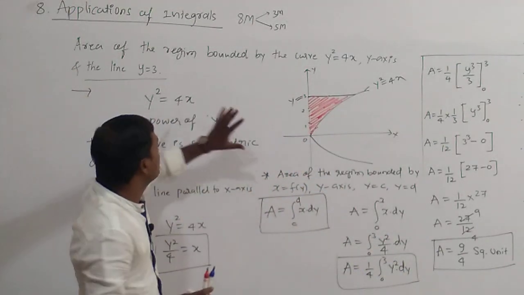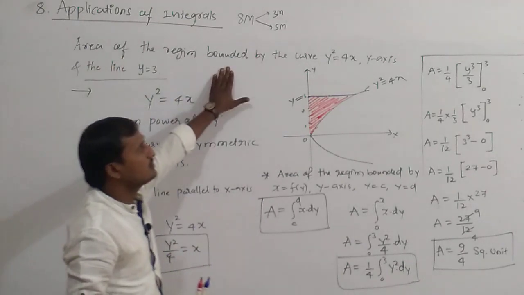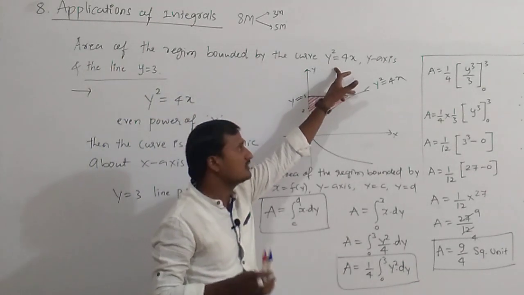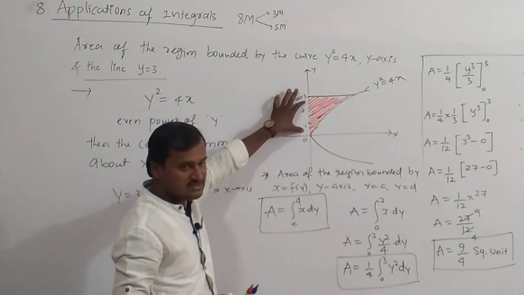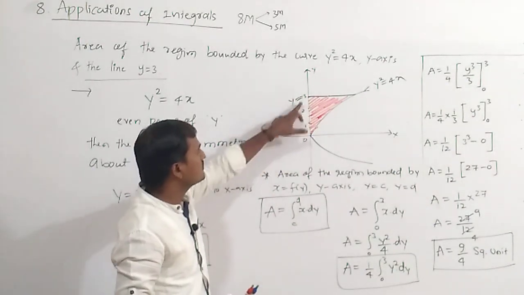So here you should observe the area of the region bounded by the curve y square equal to 4x, the y-axis, with the lines 0 to 3.